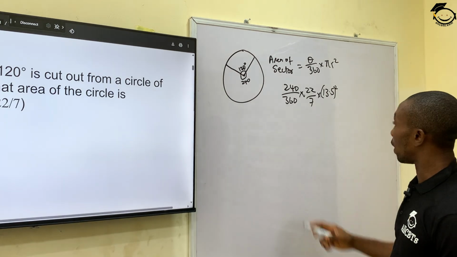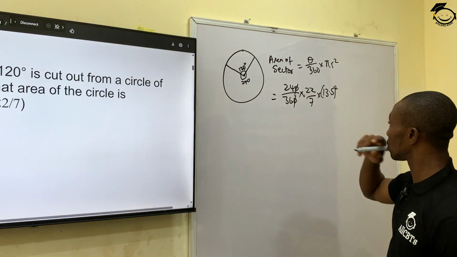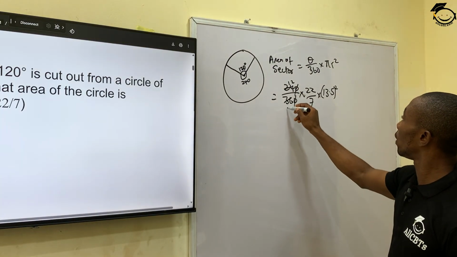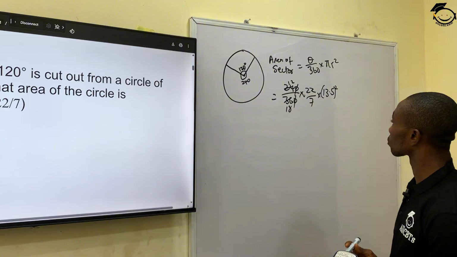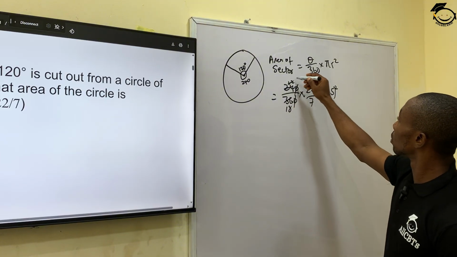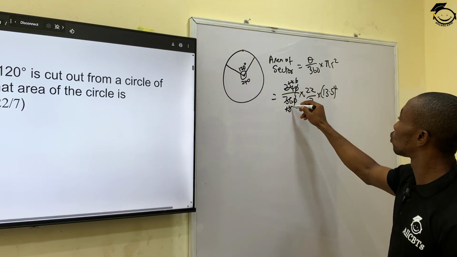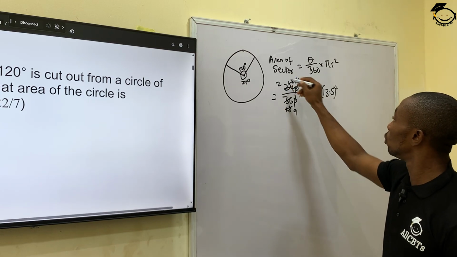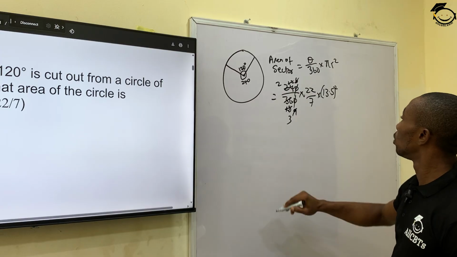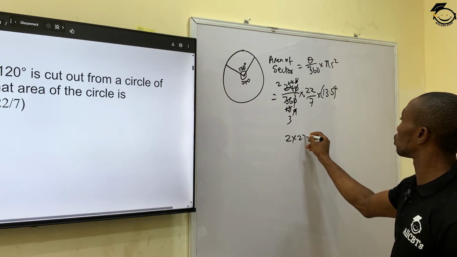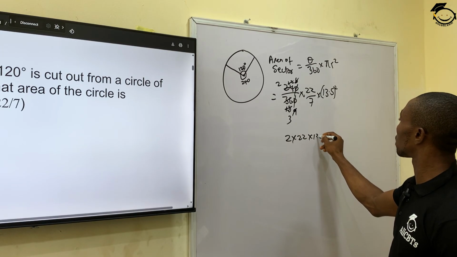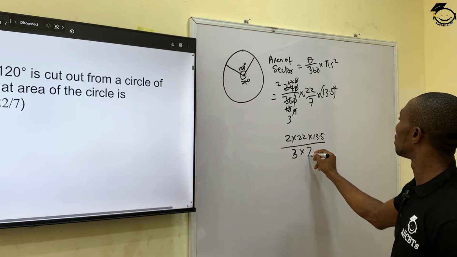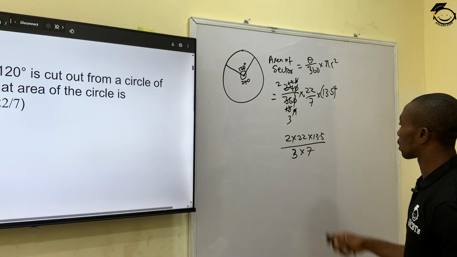Now in calculating this, this cancels this. 2 here 12, 2 here 18, 2 here 6, 2 here 9, 3 here 2, 3 here 3. So we have 2 times 22 times 13.5 all over 3 times 7. Let's calculate this out.